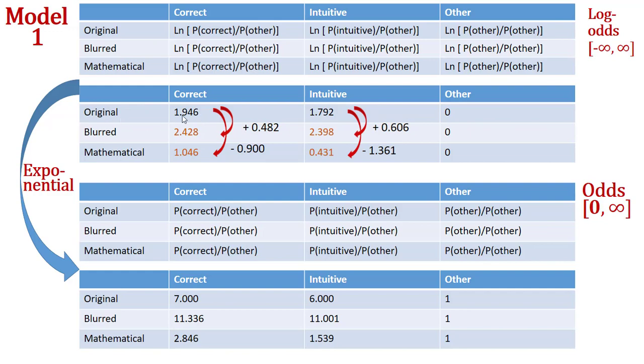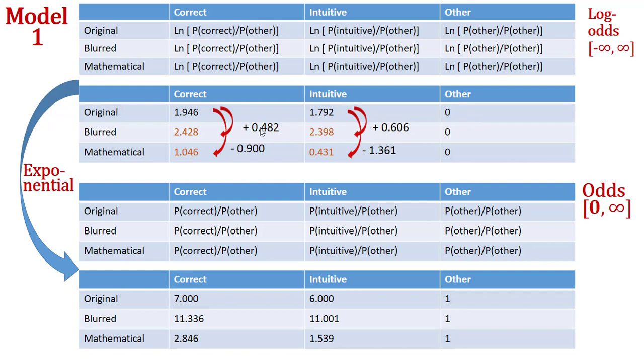Okay? So what are 1.946 and 1.792? Well, that's exactly the same as in model 0. That's the log likelihood of correct over other, and that's the log likelihood of intuitive over other.